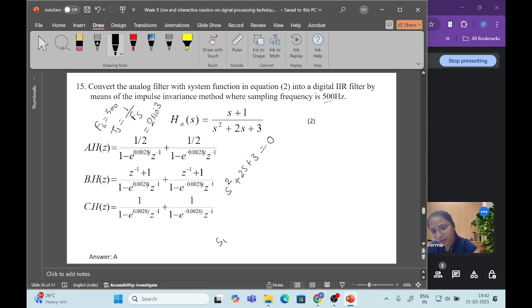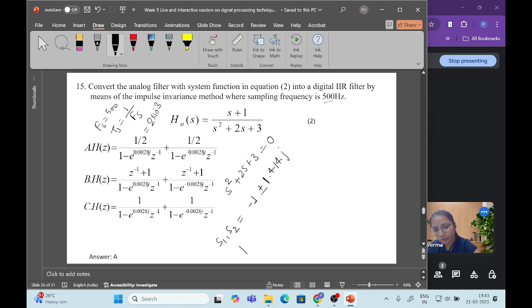So s1 and s2 you will get, using the quadratic formula with minus b square, minus 1 plus minus 1.414 j.